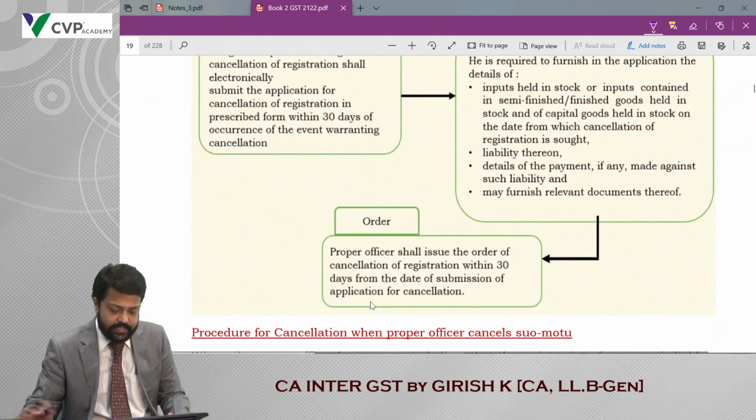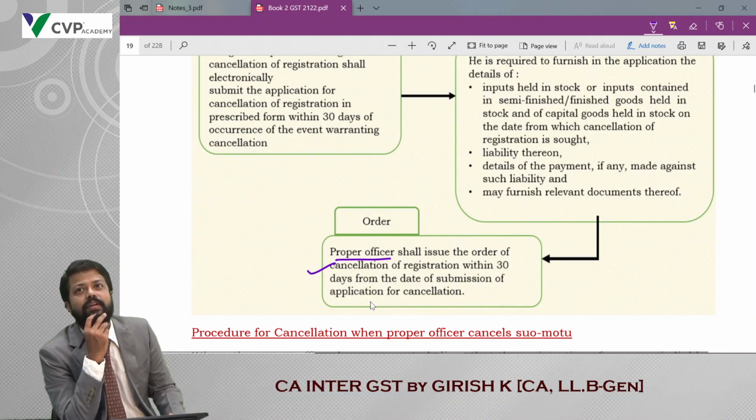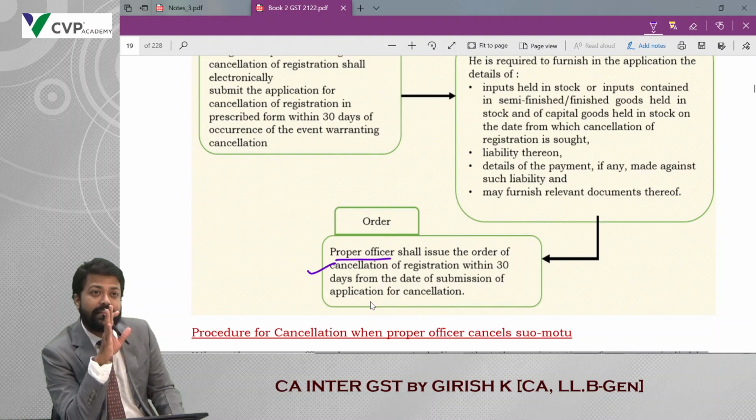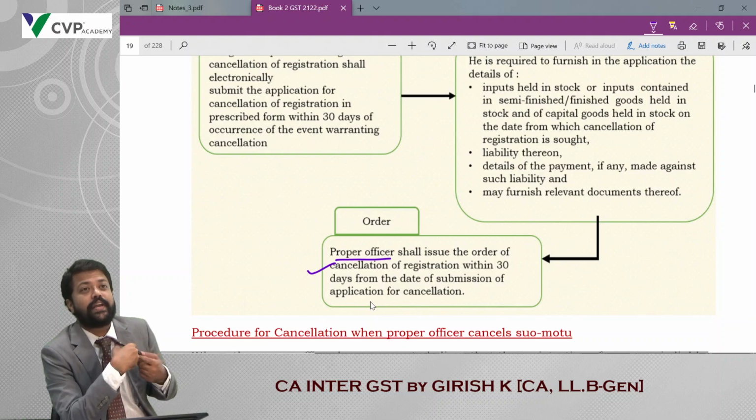Then after assessing, the proper officer shall issue the order of cancellation. I remember they used to take 1.5 years to pass the order. We had applied in 2017-18 and somewhere in 2019 we got the order of cancellation. Earlier that was the time taken by the authorities to process the cancellation, because they were burdened with the VAT work or earlier service tax work and did not know the procedure to pass the order for cancellation of registration.